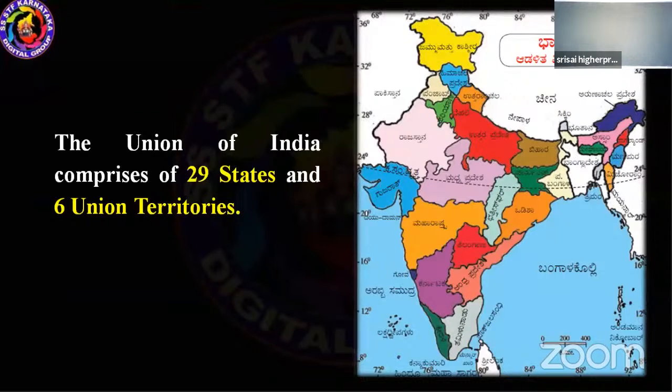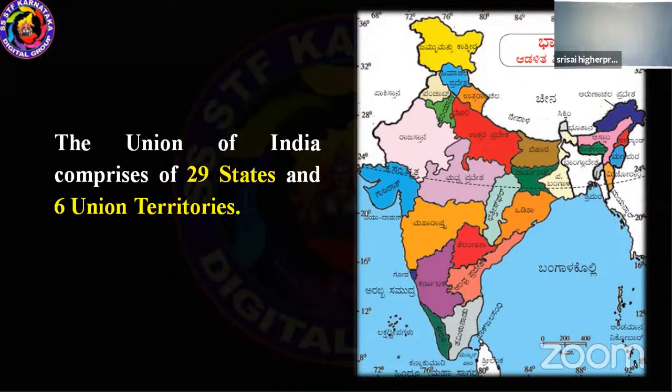The Union of India comprises 28 states and 6 union territories. But recently, these states and union territories have changed. At present, how many states are there in India? Here they have mentioned 29.